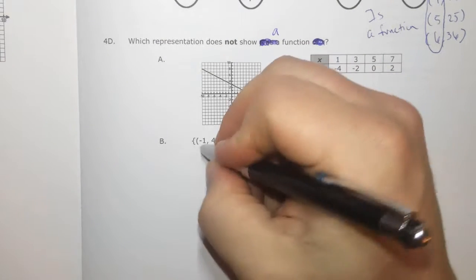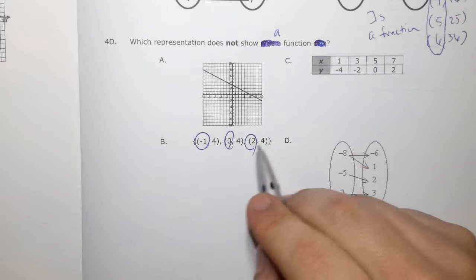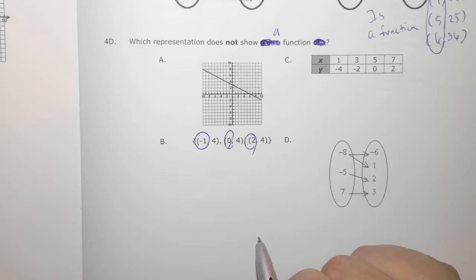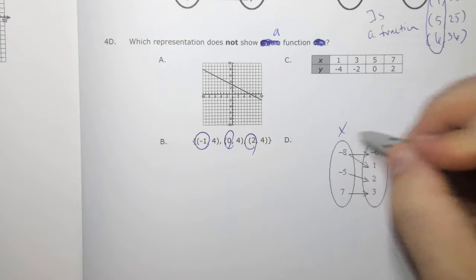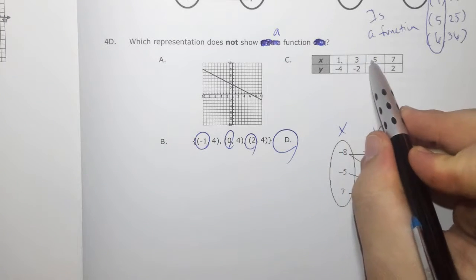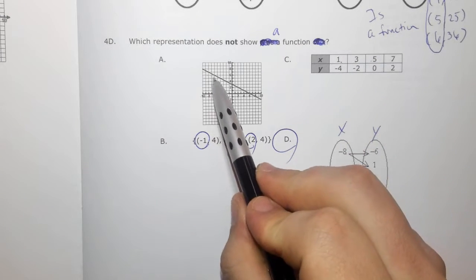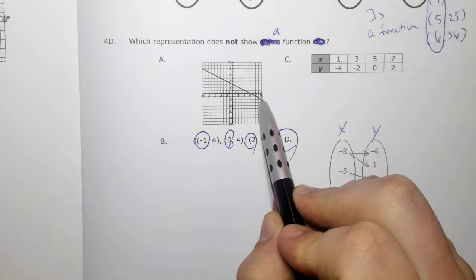Okay, well here, if I look at my X's, that is a function because X doesn't repeat itself. Here, X does repeat itself. -8 happens twice. See here, X does not repeat itself. And see here, if I actually plotted some points, this is a linear function.